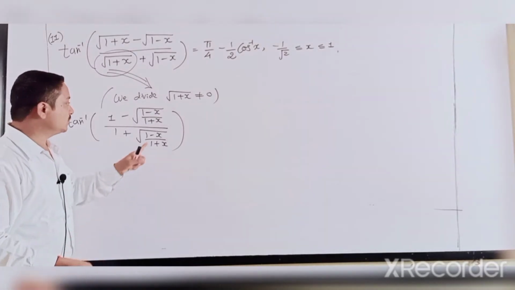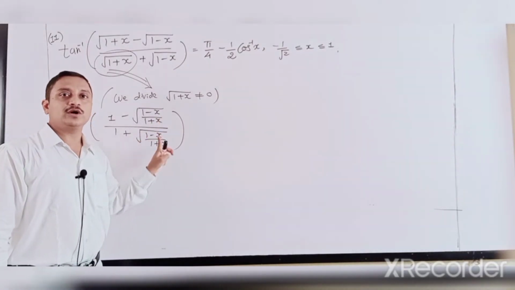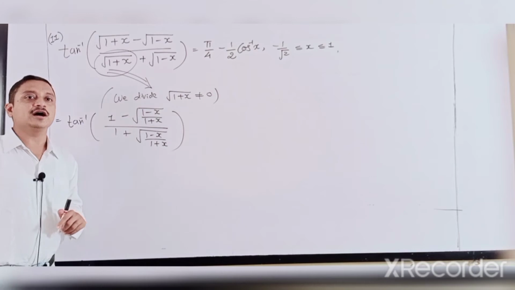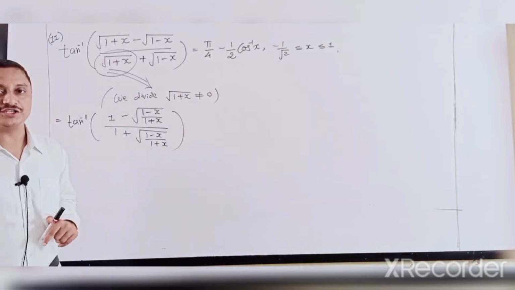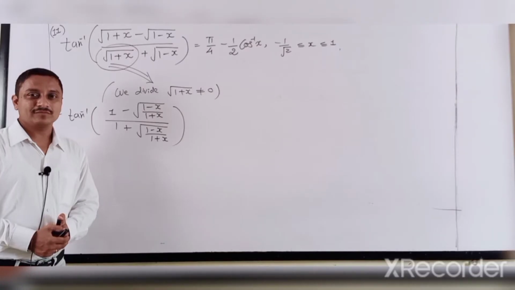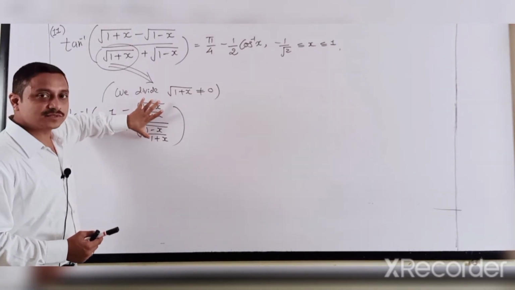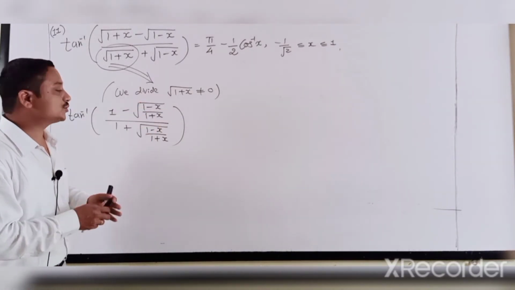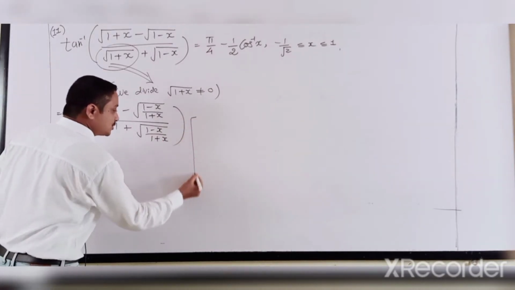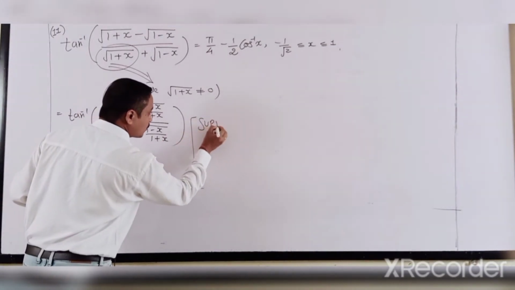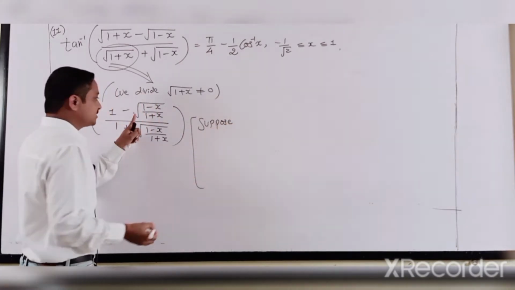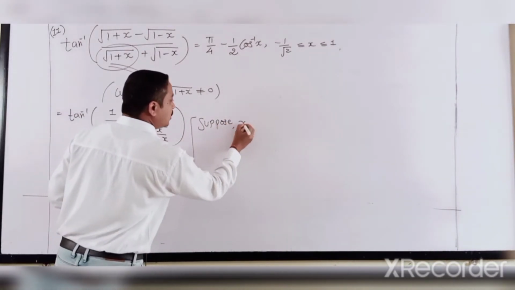Now, students, I convert this value into the tan function anyhow. In these terms I am going to tan terms. So I suppose x is equal to cos theta.